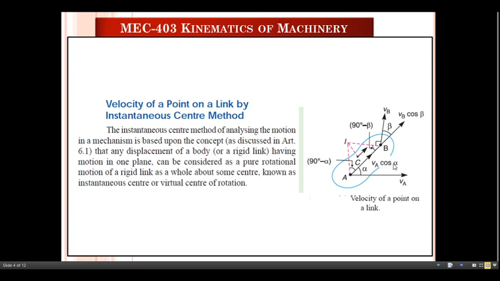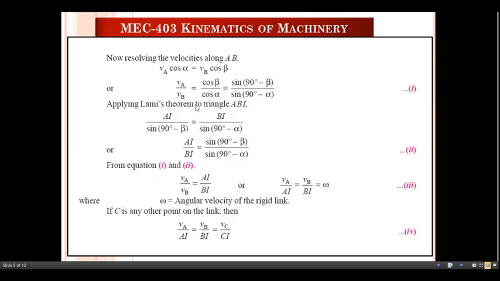We have already seen that VA cos alpha and VB cos beta are in the same direction, both components moving along the same direction. We can just say VA cos alpha equals VB cos beta.